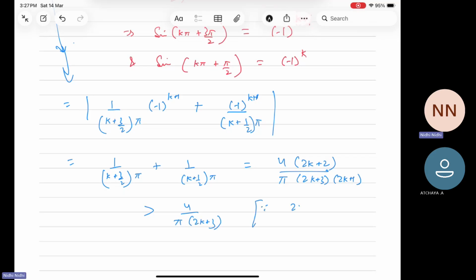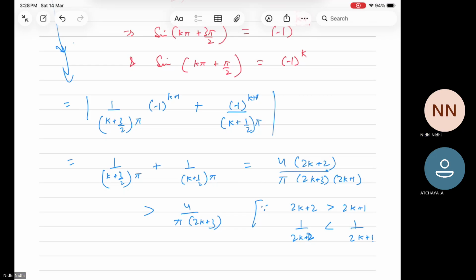Why? Because 2k plus 2 is less than, so this is greater than 2k plus 1. So 1 upon 2k plus 2 is less than 1 upon 2k plus 1.